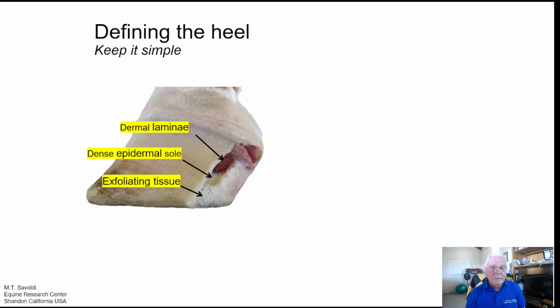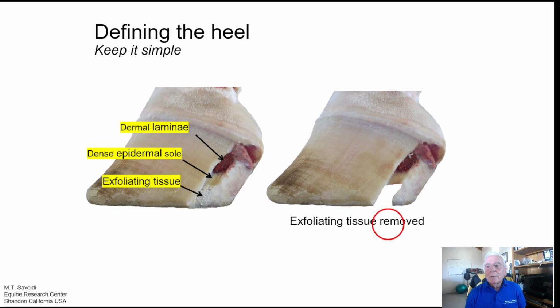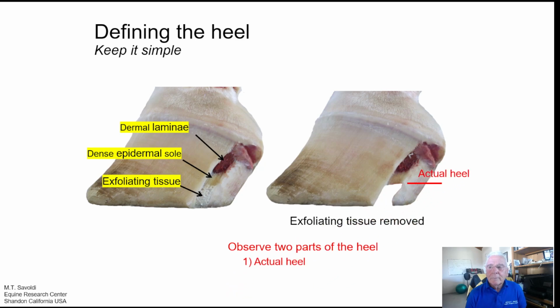There are different reasons that people call it that, but it is just dense epidermal sole tissue. We can remove the excess exfoliating tissue, and now we can divide our heel into two parts: the actual heel and length of wall.